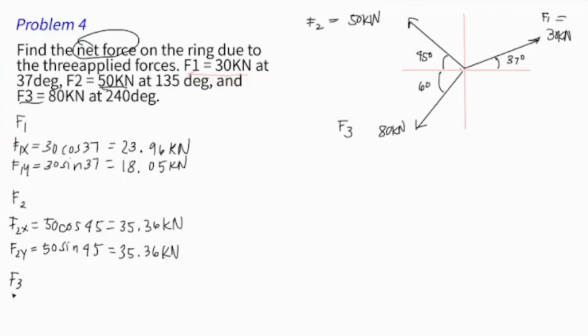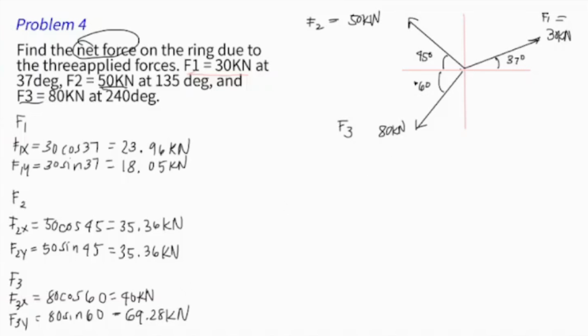So, F3x, 80 kilonewtons, cosine 60 will be 80 cosine 60, is 40 kilonewtons. At F3y naman natin will be 80 sine 60. So, calculate natin siya. 69.28 kilonewtons.